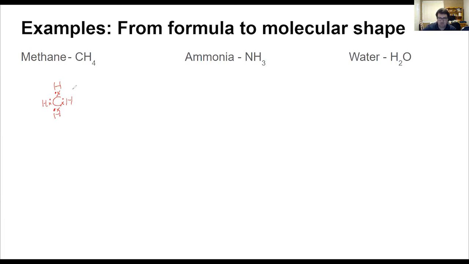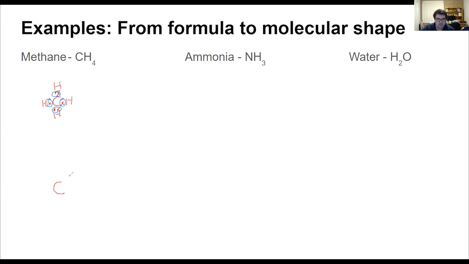We're going to have 4 covalent bonds surrounding that central carbon atom, so we have 4 bonded electron pairs surrounding it. If we consider what's going on just here, we have our central carbon, and surrounding that we have 4 electron pairs that are going to want to be as far apart from each other as possible.